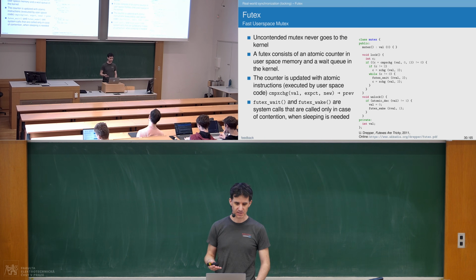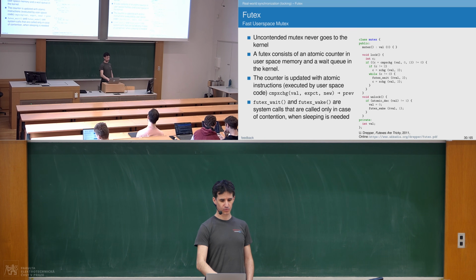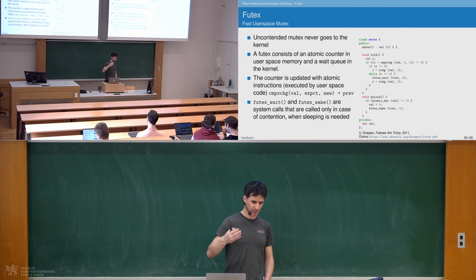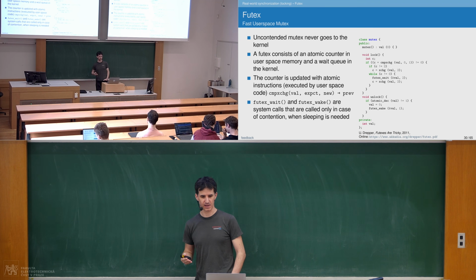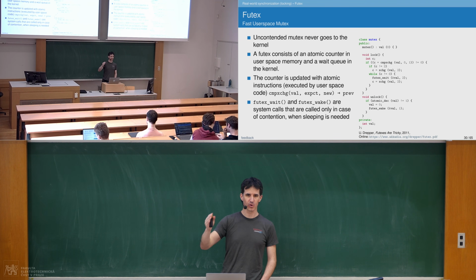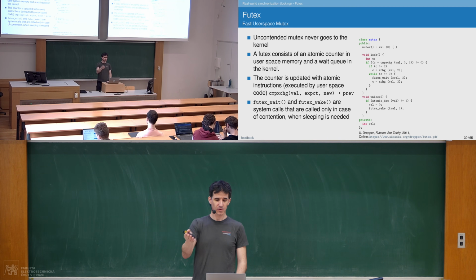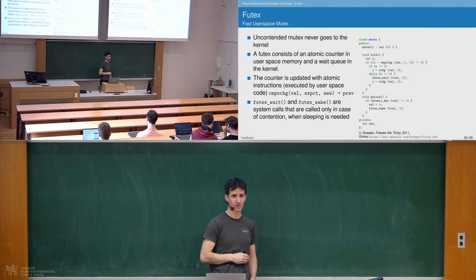And in that case, there is a system call which is called futex wait. The program simply calls the operating system kernel saying, please block this thread and wake me whenever this futex is unlocked.